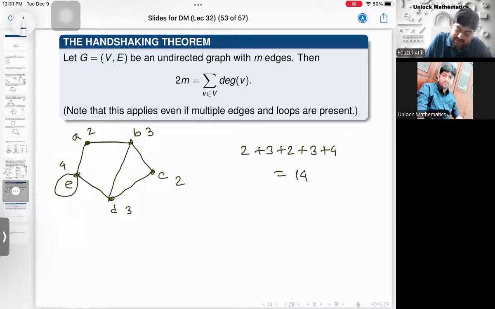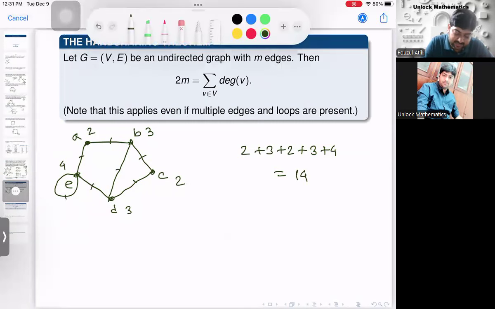This is 14. And how many edges do you have? 1, 2, 3, 4, 5, 6 and 7. Right? So there are 7 edges. Now that means m is equal to 7. Number of edges m is equal to 7, right?